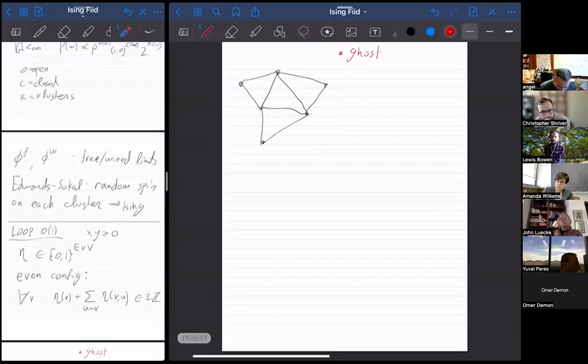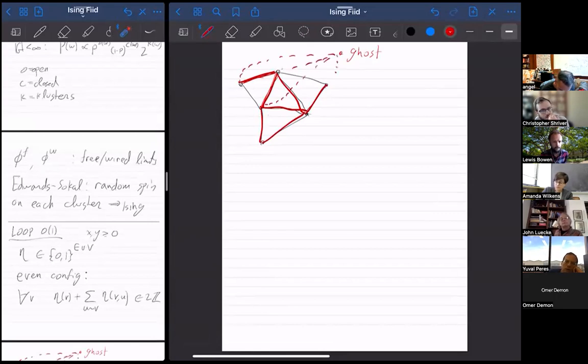And now if you have some configuration, for example, a configuration where you have some open edges, maybe something like that, and then you include the edge to the ghost whenever you have an otherwise odd vertex. So let's actually just draw them in blue. We have these edges to the ghost are open.